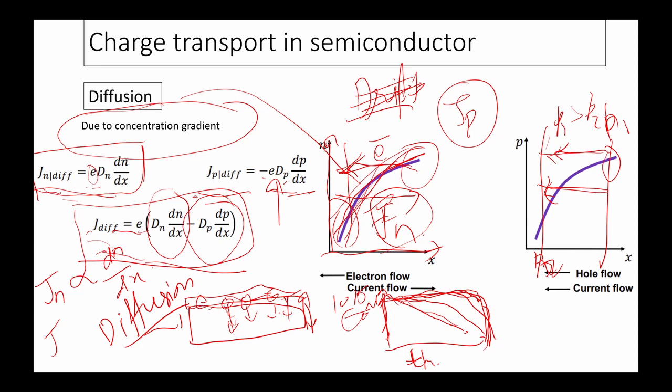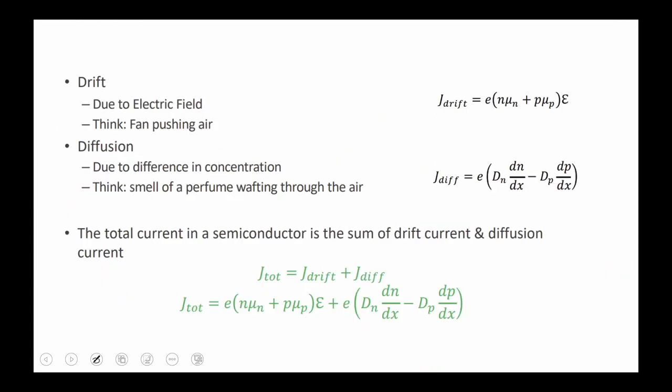If you have any doubt, you can ask here. Another thing is that drift current is because of the application of an electric field to a semiconductor. This electric field can be external, from a battery, or it can be the built-in electric field in the pn junction.